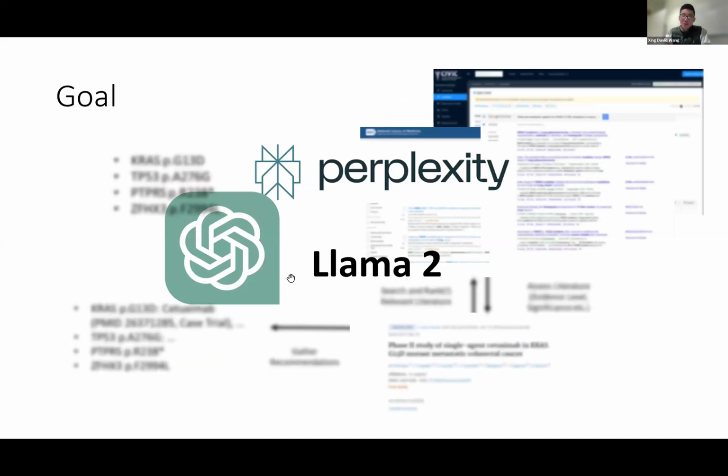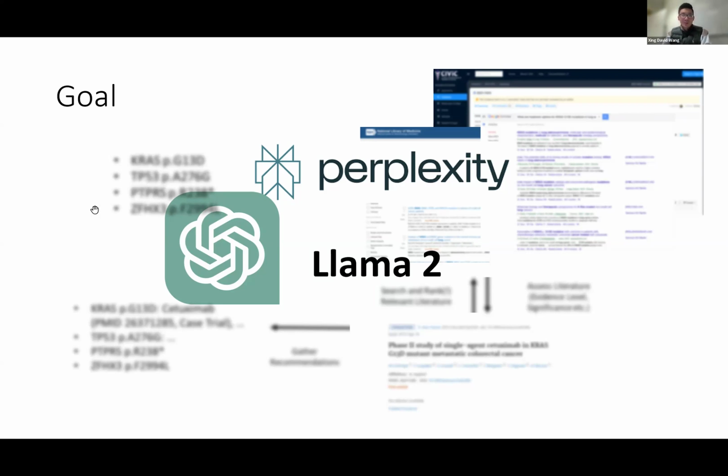So what do we want to do now? As you all know, ChatGPT came around in December 2022, and it can be used for a lot of things. We asked ourselves: okay, it can write text, it can give you answers to scientific questions, but how well can it actually help us in molecular tumor boards, in identifying treatment options for cancer patients?